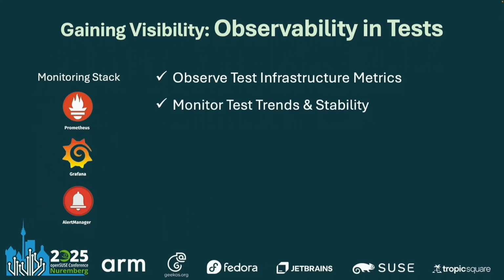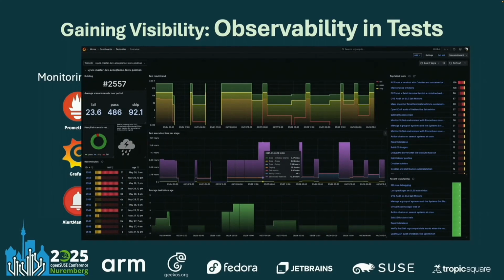After that, we collect and monitor test trends and stability. We track how a specific test or groups of tests are behaving over time. Are they getting slower? Are certain tests failing often?